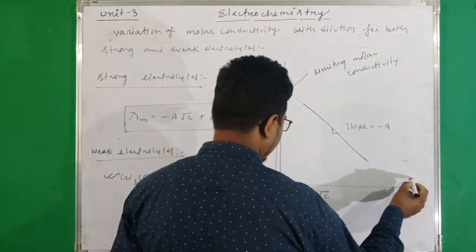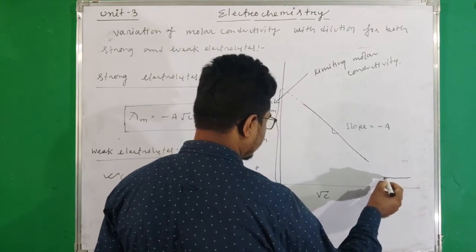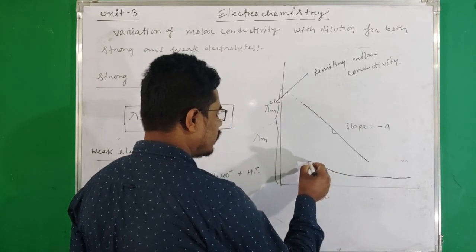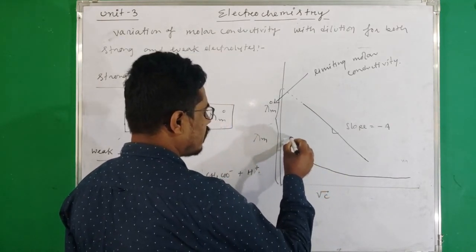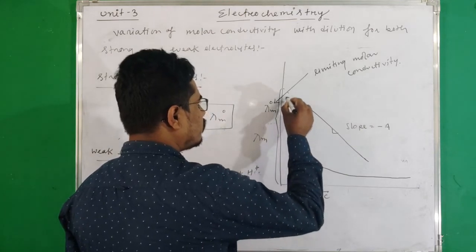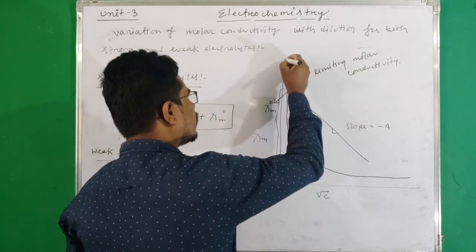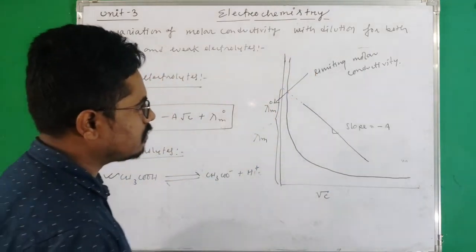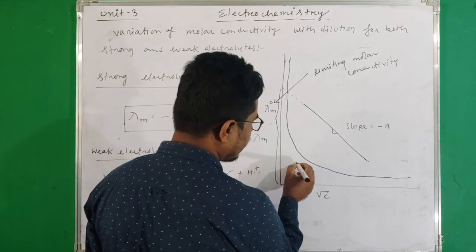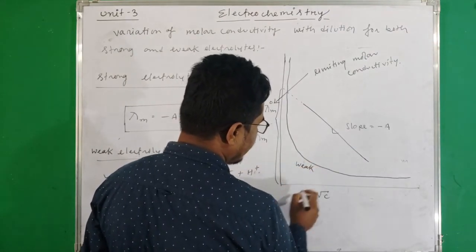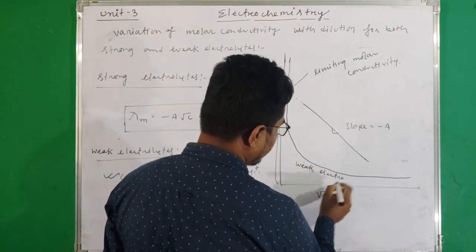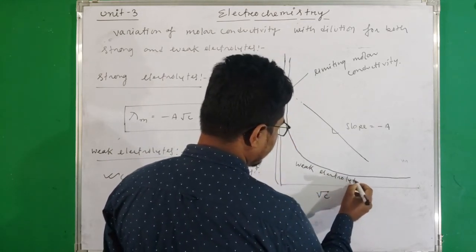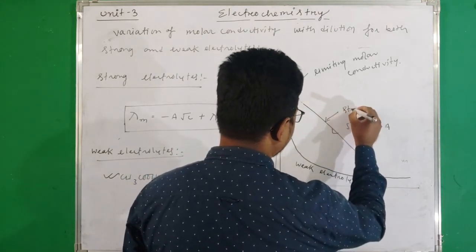Therefore, initially the molar conductivity is low when the concentration is higher, then the molar conductivity will increase with dilution, and then the graph will become parallel to the y-axis and never meet the y-axis. That means we will get an exponential graph, and the earlier one is for the strong electrolyte.